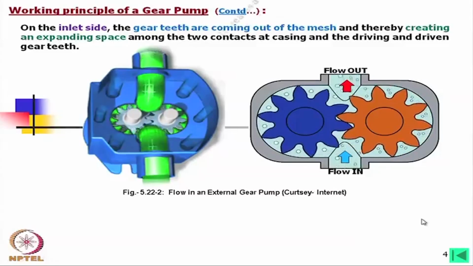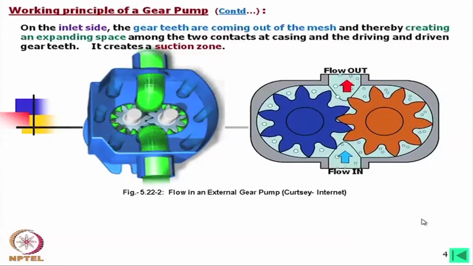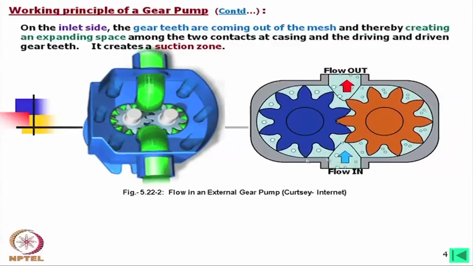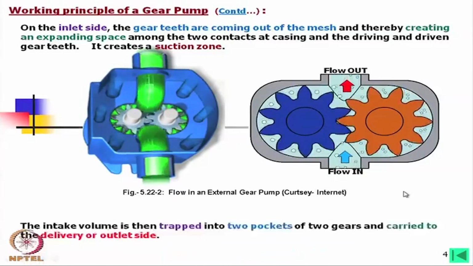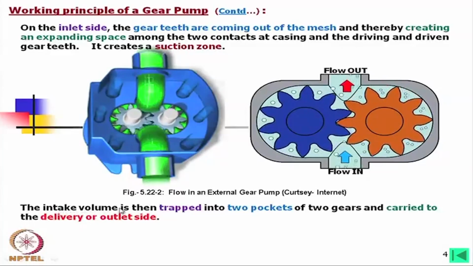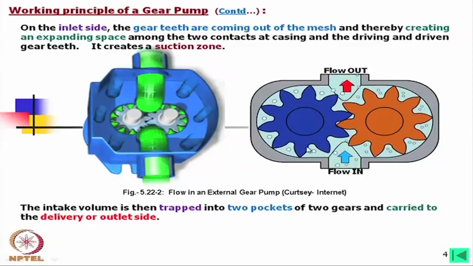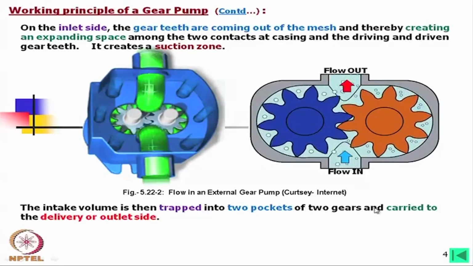Now, it creates a suction zone on the inlet side. Then the intake volume is trapped into two pockets. Here is one pocket, here is another pocket of the two gears, and it is carried to the delivery or outlet side.